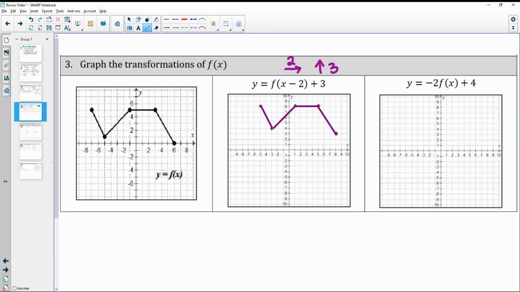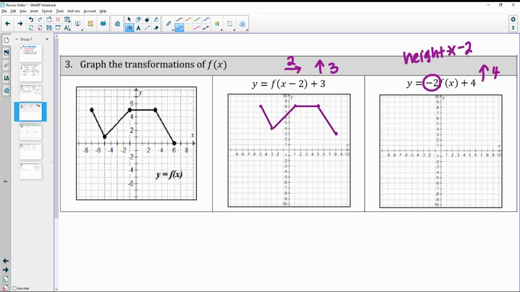Now this next one is going to take the height and multiply it by -2. So this is a vertical stretch by -2. So we're going to want to take the height and stretch that first. Then we're going to want to move it up 4. So that -2 is going to multiply the height by -2.